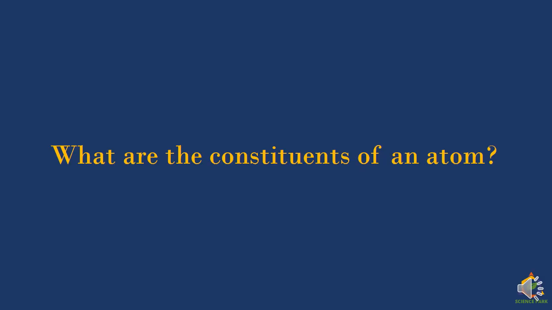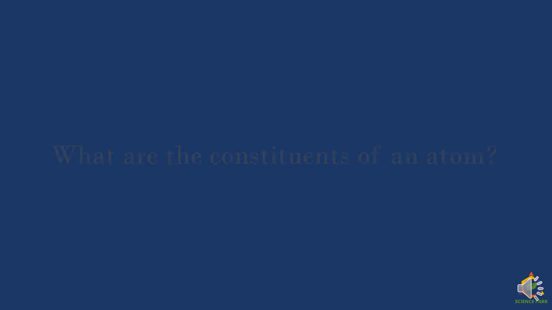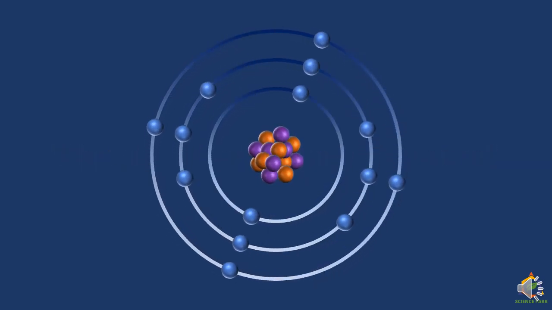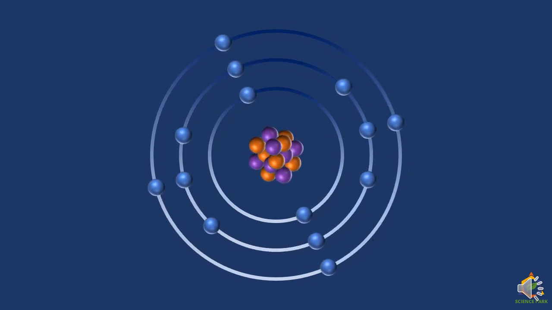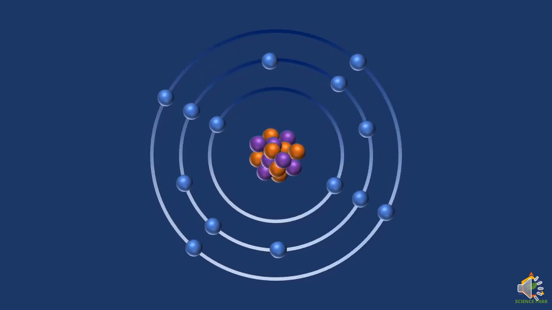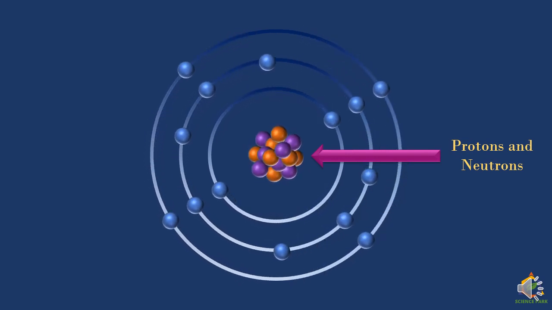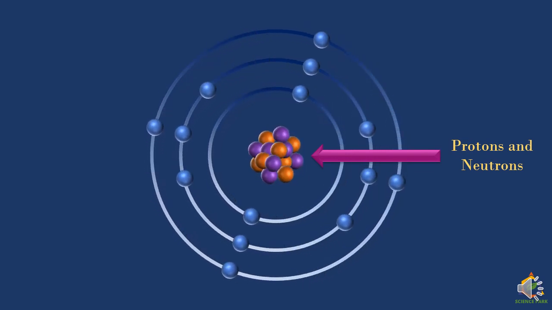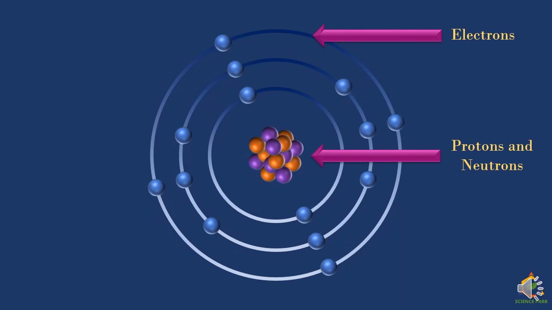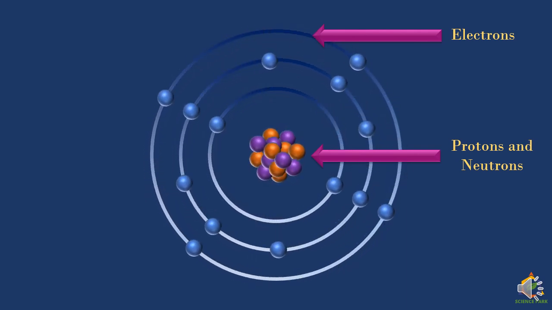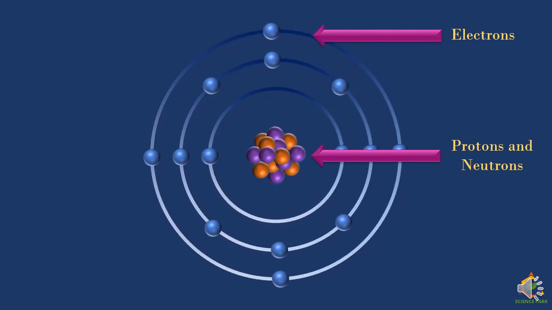So friends, what are the constituents of an atom? Here you have a visualization of an atom, in which you see in the middle protons and neutrons, and the ones which are orbiting are electrons.